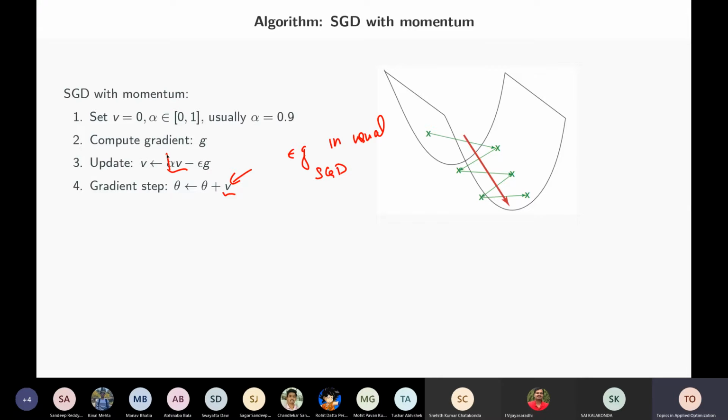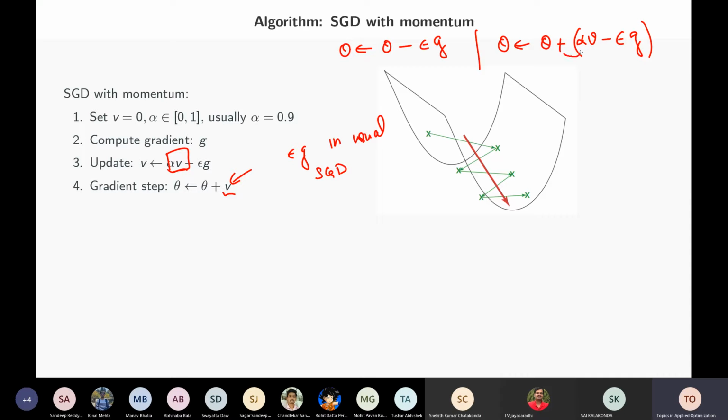The original update of stochastic gradient descent would look like theta minus epsilon g, and in the momentum method, overall we are doing theta plus alpha v minus epsilon g. So this is the momentum based method.